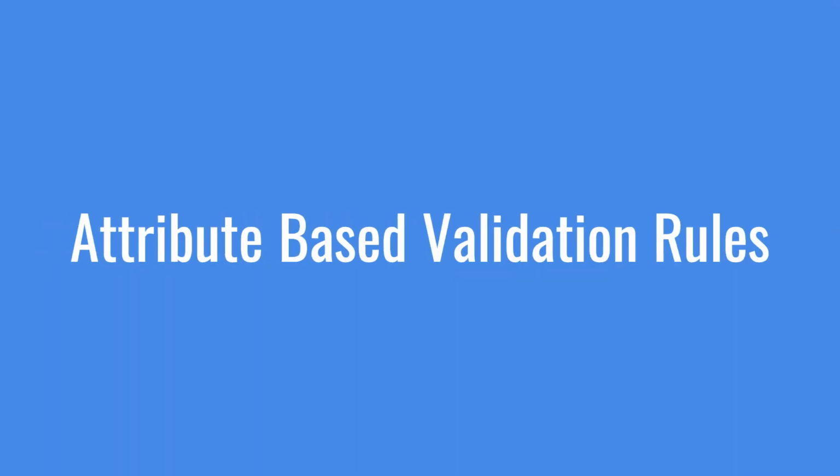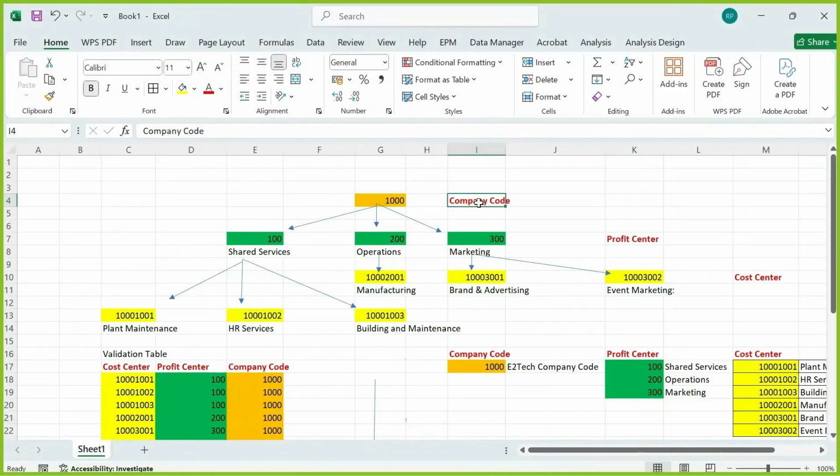Fine. Now, we'll take a simple scenario in which we have a company code. Under the company code, we have 3 profit centers. That is shared services, operations, and marketing. Right.